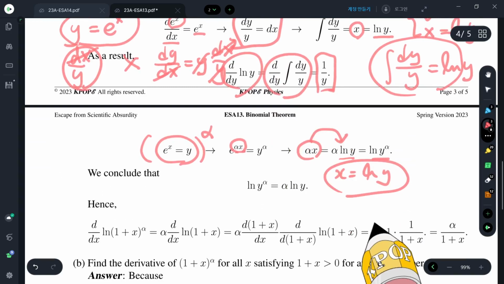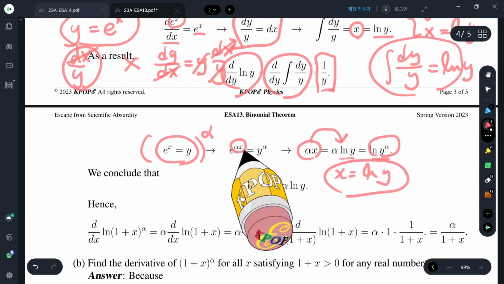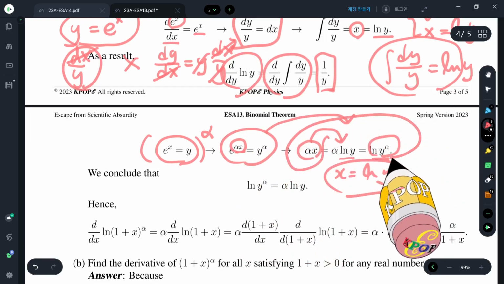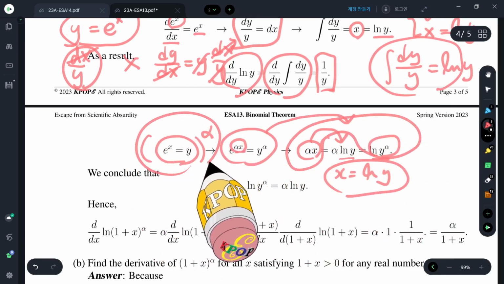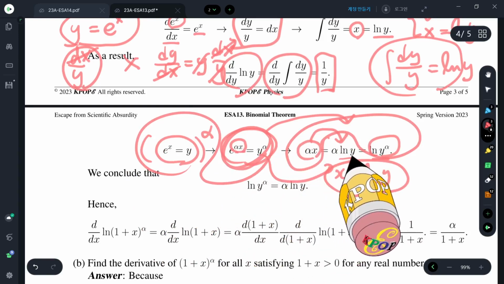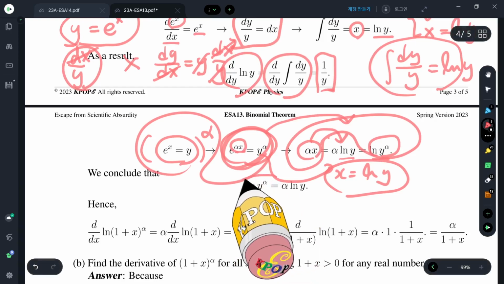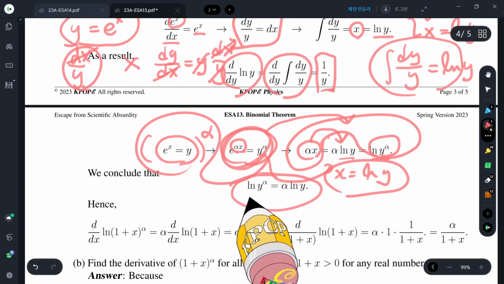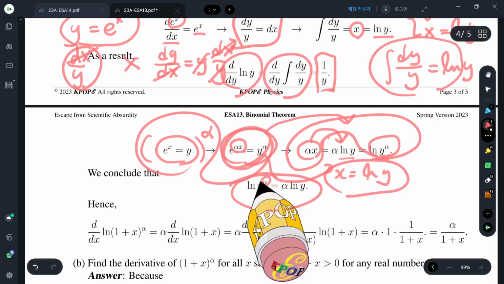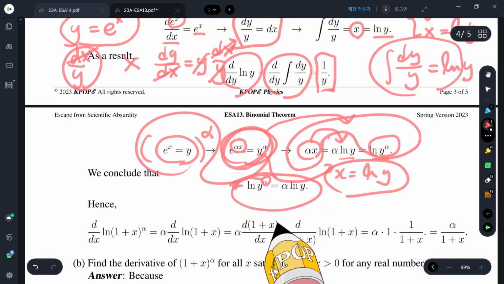Therefore, this identity should go in this manner, and I use this to replace x alpha to be alpha log y. So we have concluded that for log of y to the alpha, the power comes out of the log as a linear form.